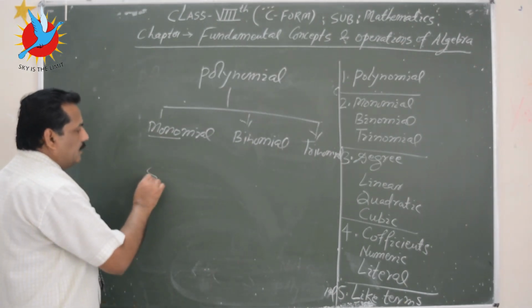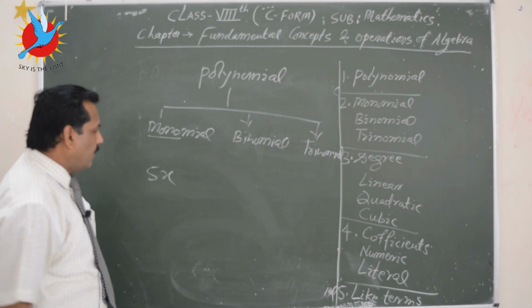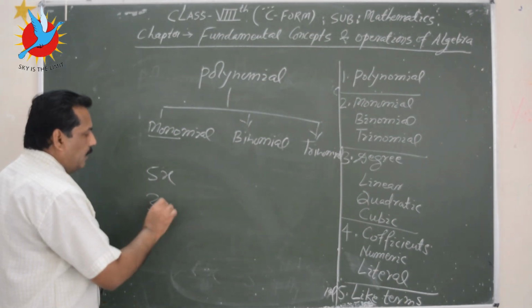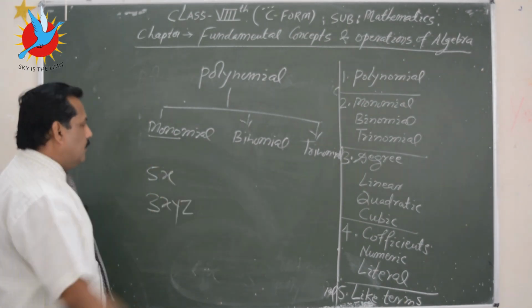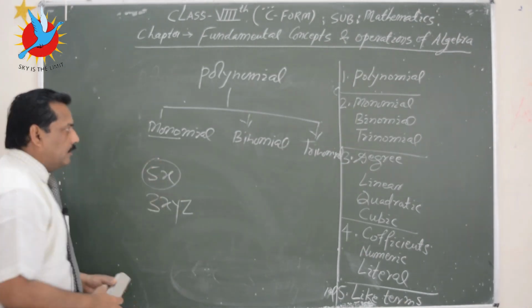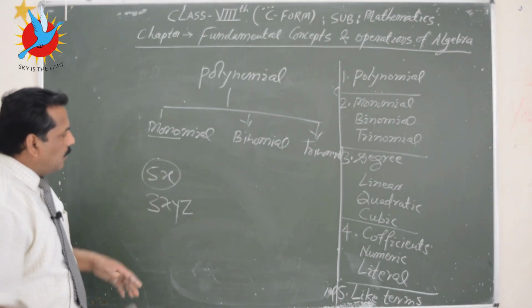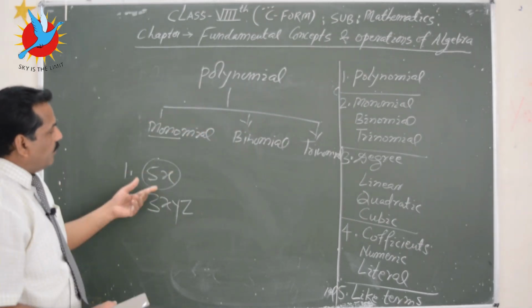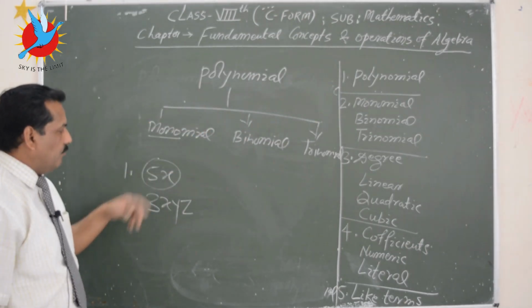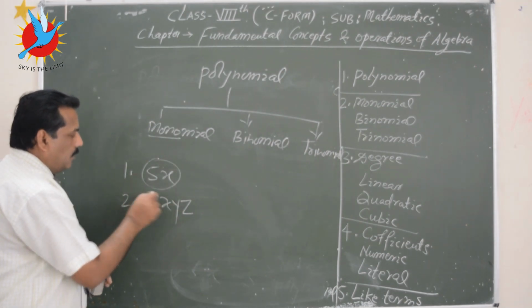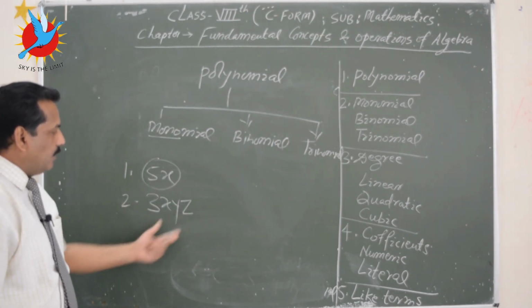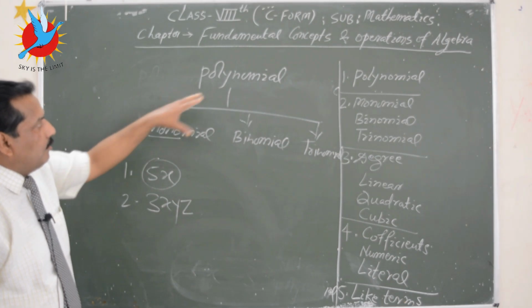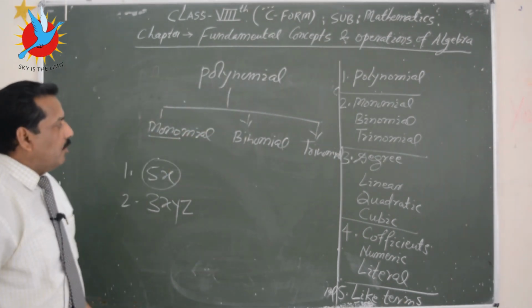For example, 5x, or another, 3xyz. If a polynomial has only 5x, it is only one term. Another polynomial, 3xyz, is also only one term. So this polynomial will be known as a monomial.